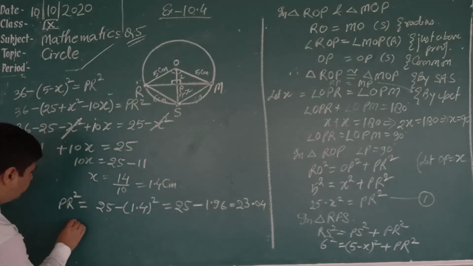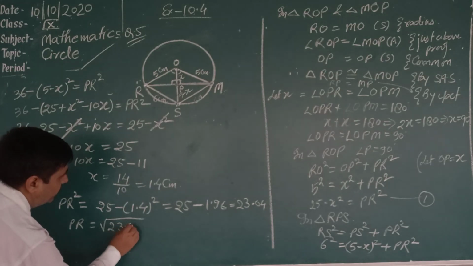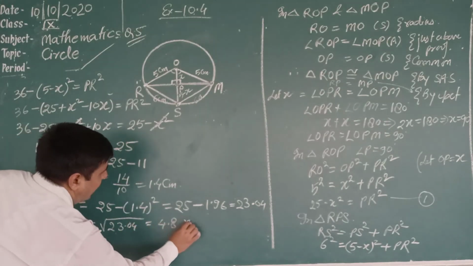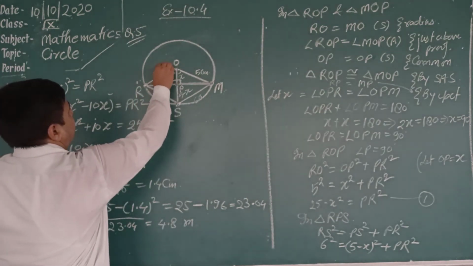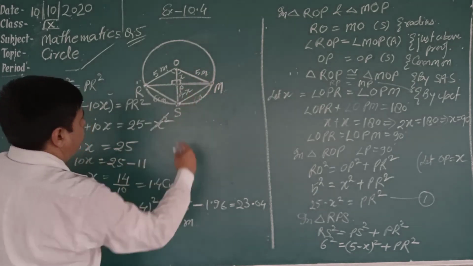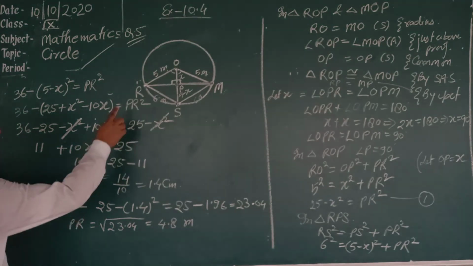PR equals the square root of 23.04, that is 4.8, and its unit is meter. Here by mistake I wrote all the units in meters, okay, so you write meter, not centimeter.